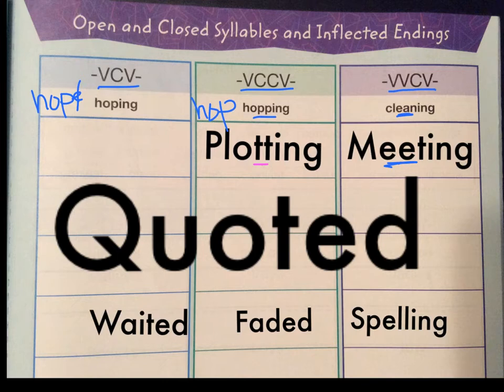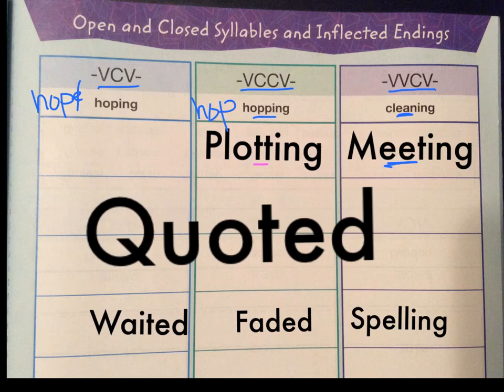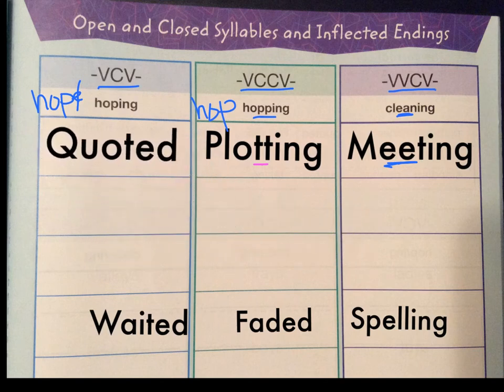Knowing that we had to take off the E and add the ED, what column does quoted go into? If you said the first column, you are correct. So find your word quoted in your words and put it on your chart. And also look at the pattern, quoted. It does the vowel, consonant, vowel.